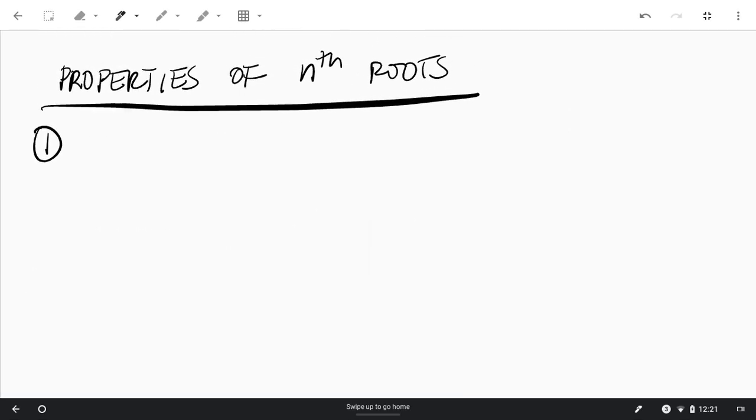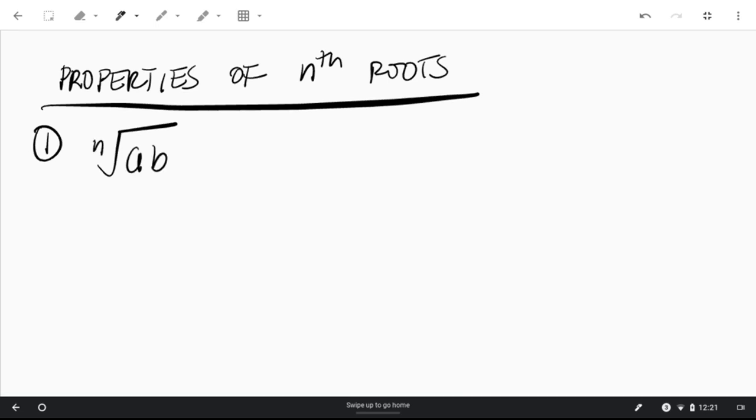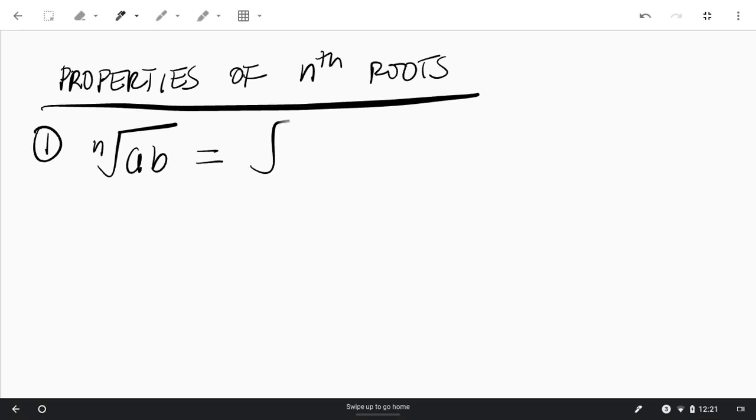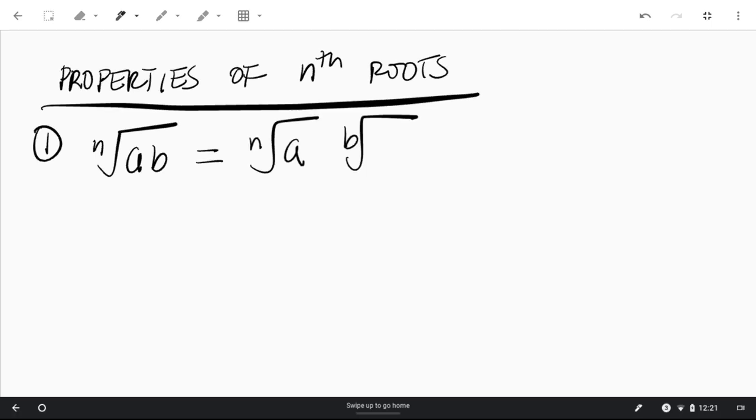All right, so we have this one here that says if you're taking the nth root of a product, you can break up that product. So you can split them up and take the nth root of each one individually. And, oops, I need the eraser. That's not supposed to be a B.